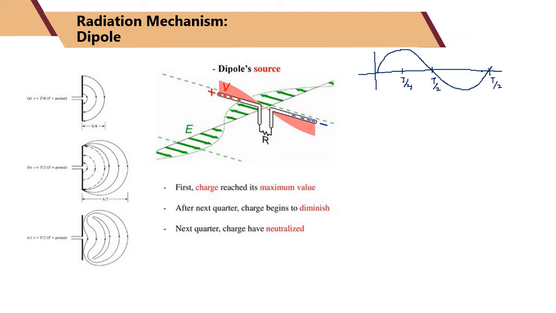So when you have a dipole structure, at this point, when the length is T/4, at T/4 what happens? So let's consider we have positive and negative charge. This is just for example. So we have positive charge here and negative charge here. So the charge will move from positive to negative.